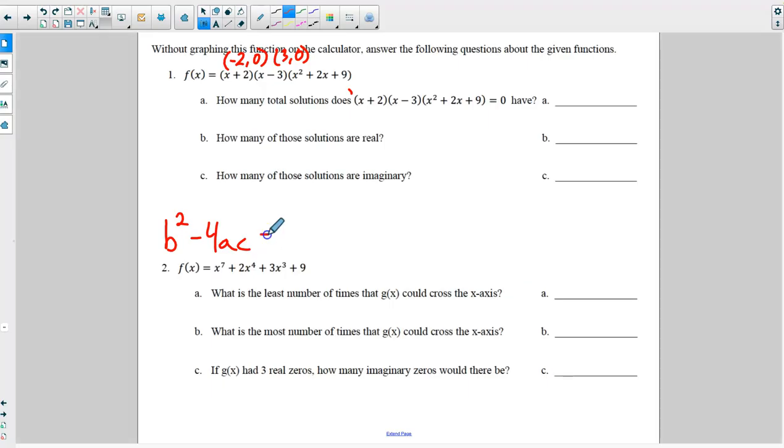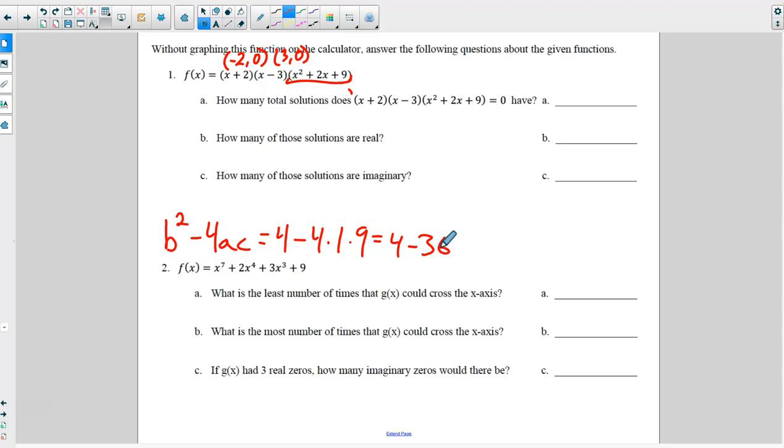So let's calculate. That's all I'm looking at right now. I'm going to get 4 minus 4 times 1 times 9, which is 4 minus 36. Stop there. 4 minus 36, is that giving me a positive or a negative number? Negative. Negative numbers from the discriminant mean you have 0 real solutions, which means that you have 2 imaginary solutions.